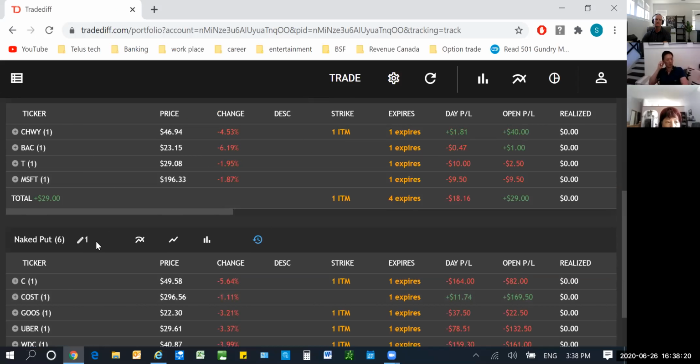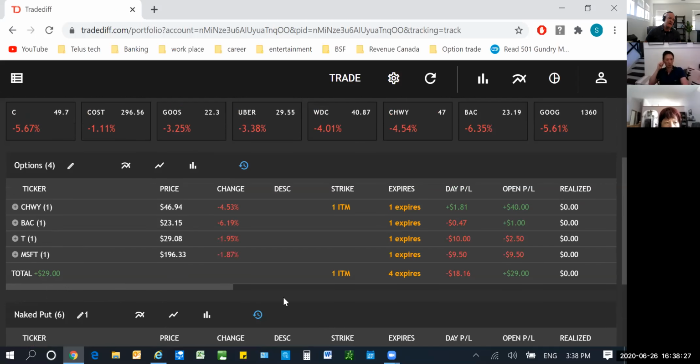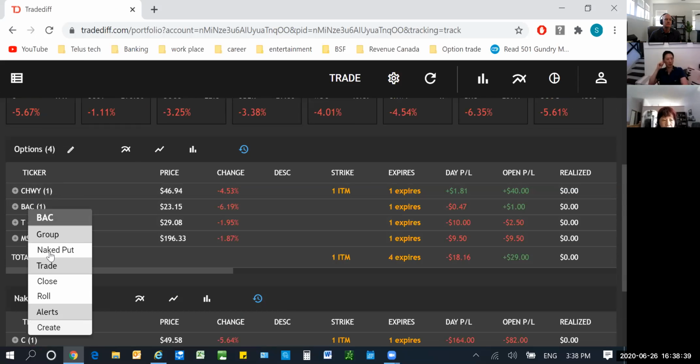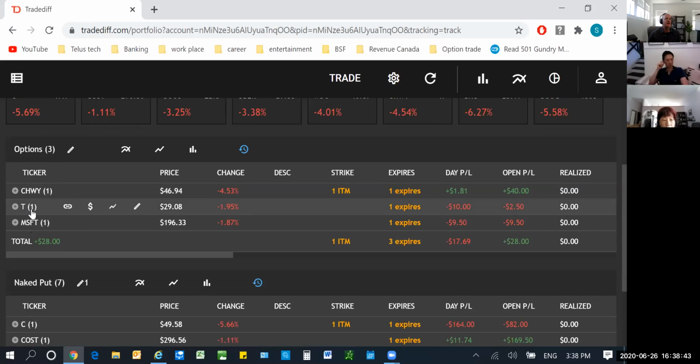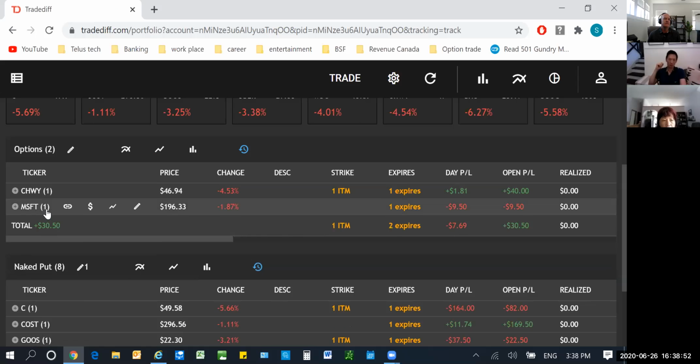Since the only thing you trade is naked puts, every time you make a trade, right click on it and put it into the category of naked puts. That way TradeDiff will tell you how good you do in naked puts. And when you start trading another strategy, you can compare how you're doing in that strategy against how you're doing with naked puts.